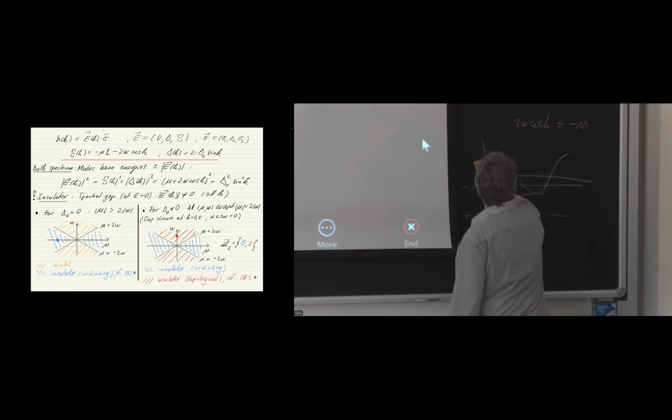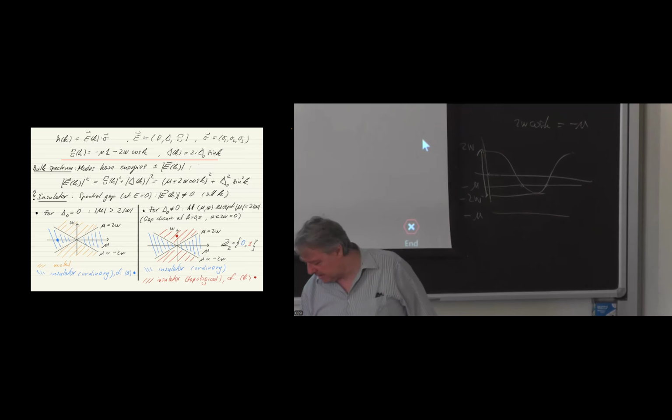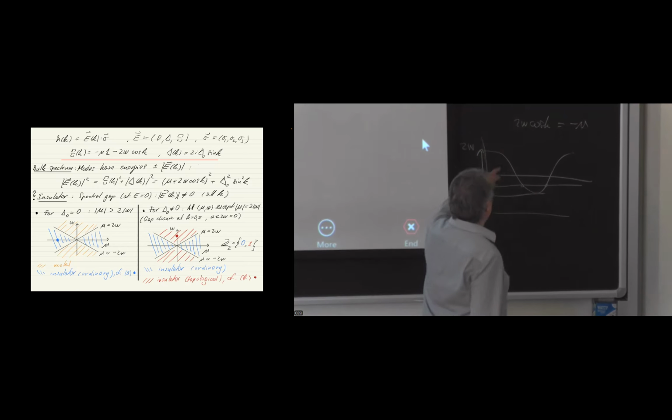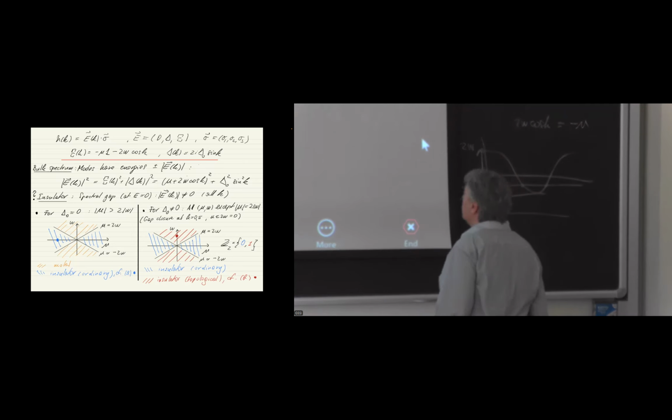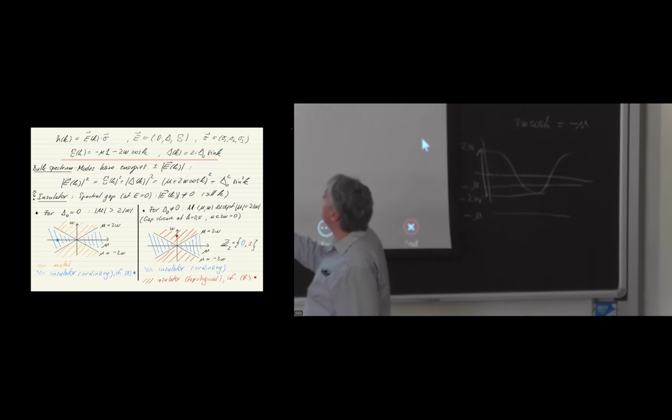Since the width of this thing here is 2w, this is minus 2w. You see that if mu is outside of this range, this condition will not be satisfied. And therefore, you have a gap nowhere where E of k is going to vanish. So the blue region is an insulator.